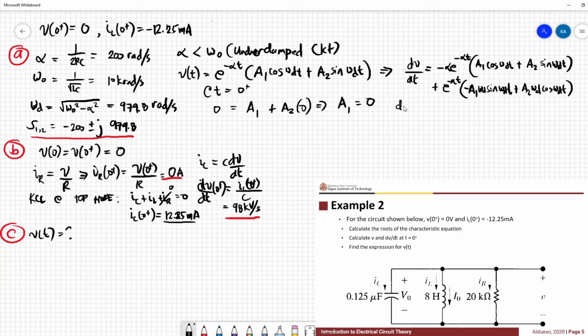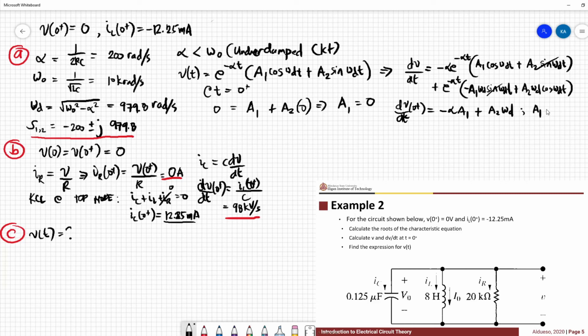So at t equals 0 plus, dv/dt at 0 plus, we are left with cosine of 0 is 1, sine of 0 is 0, e to the 0 is 1. We have negative alpha a1 plus a2 wd.